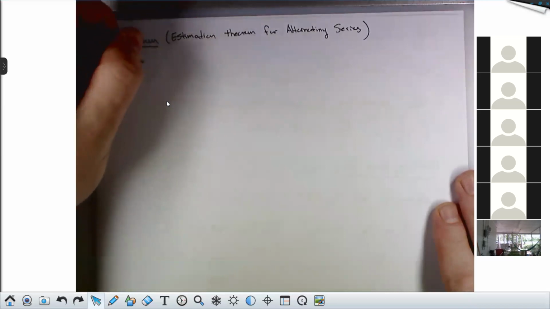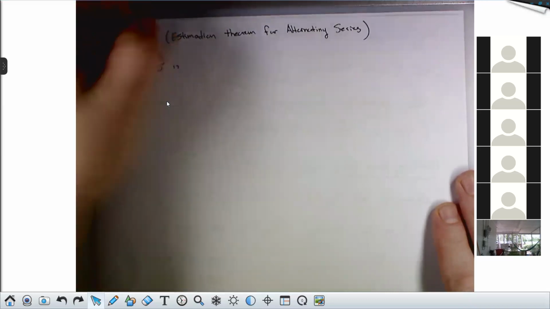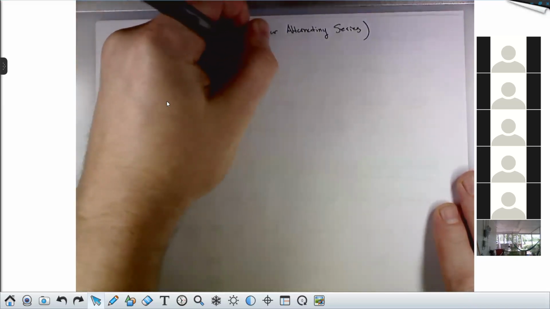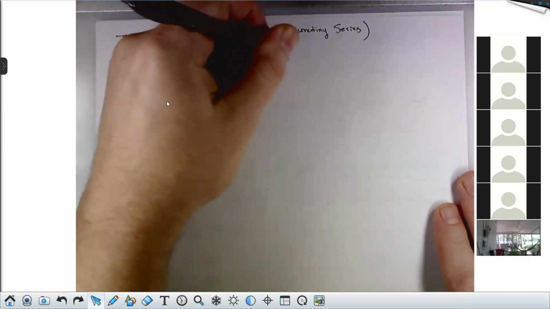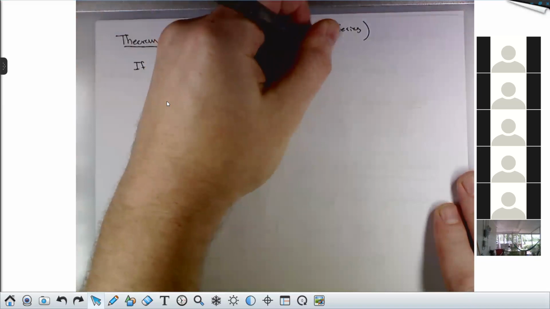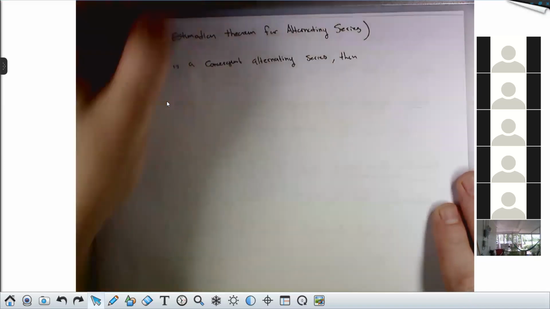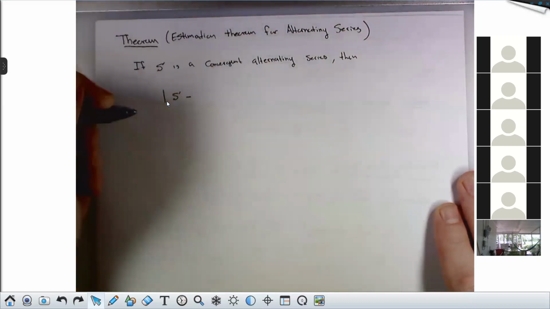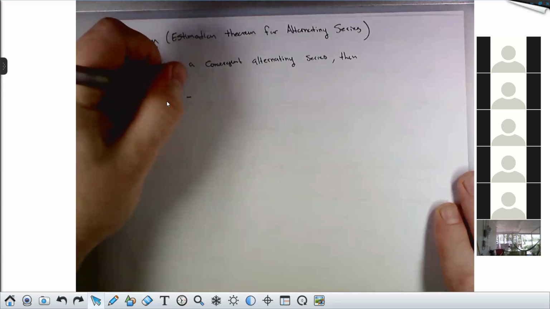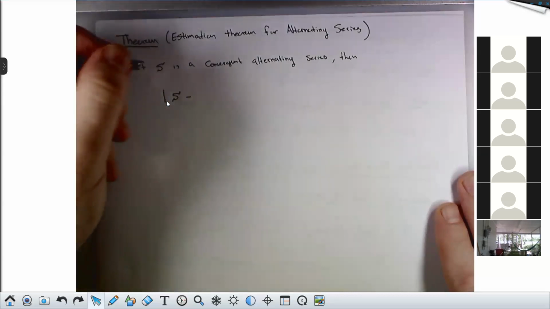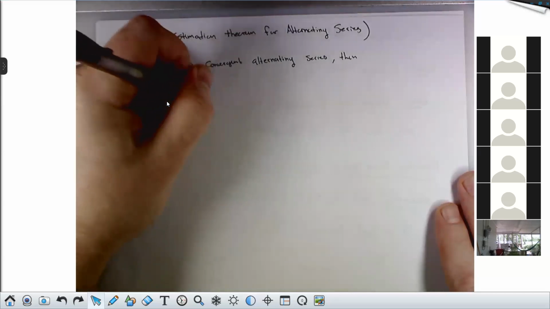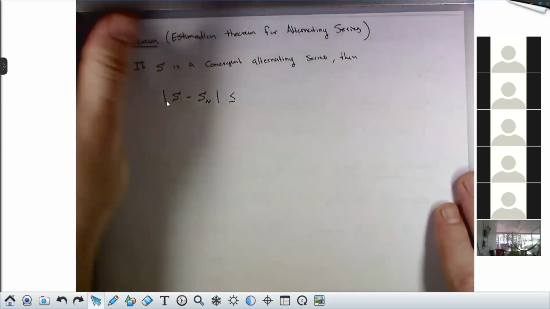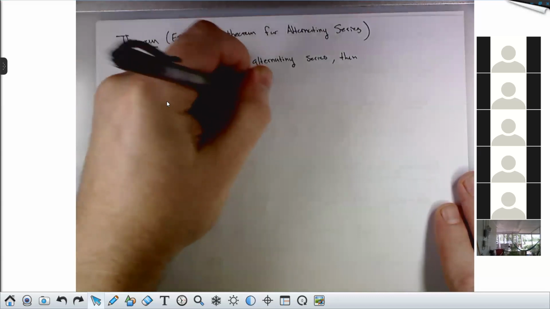The theorem says if S is a convergent alternating series, then the difference between the value of the full sum of the series S, remember S stands for the whole series, and the nth partial sum S sub n does not exceed, is less than or equal to, B sub n plus 1.